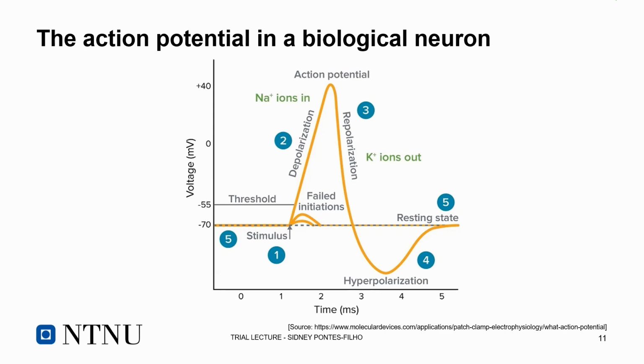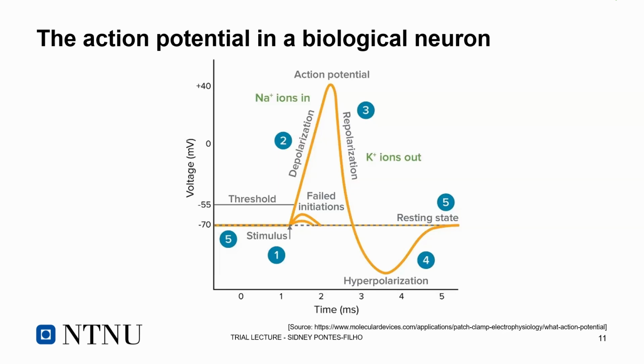And then after that, when it reaches these 20 millivolts, the potassium channel is going to open, allowing potassium ions to go outside of the cell. And then we have the repolarization that goes to the resting state. It overshoots with the opening of channels and causes the hyperpolarization.